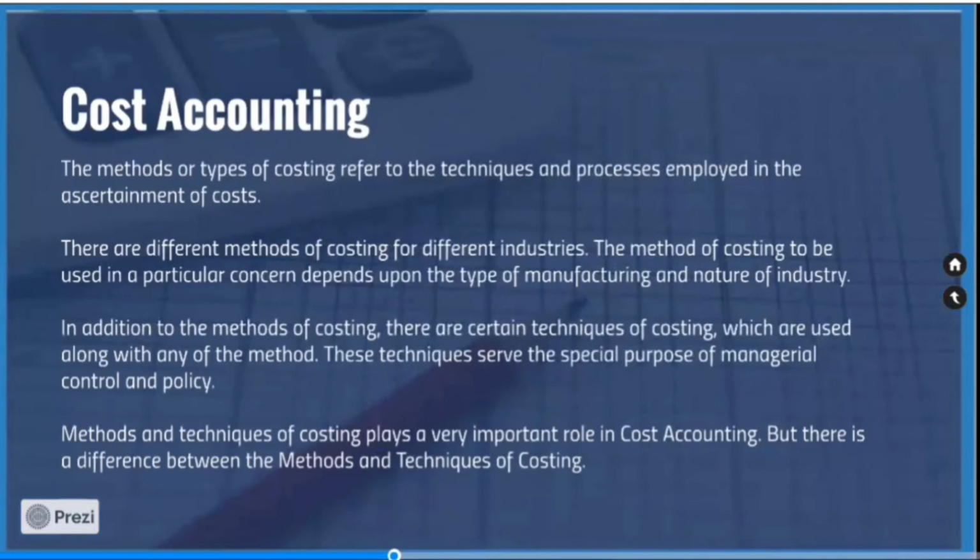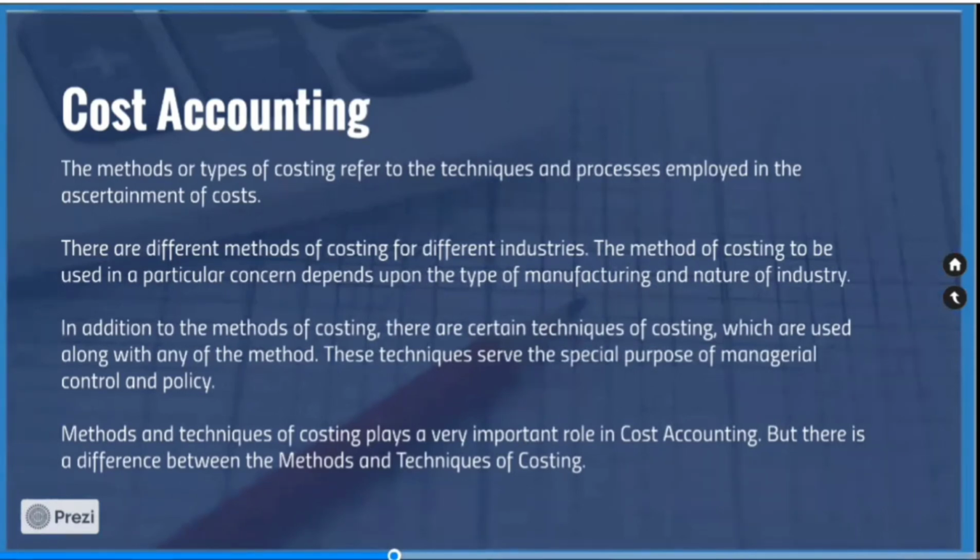The method of costing to be used in a particular concern depends upon the type of manufacturing and nature of industry. In addition to the method of costing, there are certain techniques of costing which are used along with any of the methods. These techniques serve the special purpose of managerial control and policy.